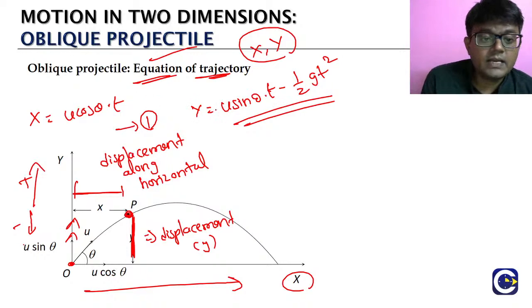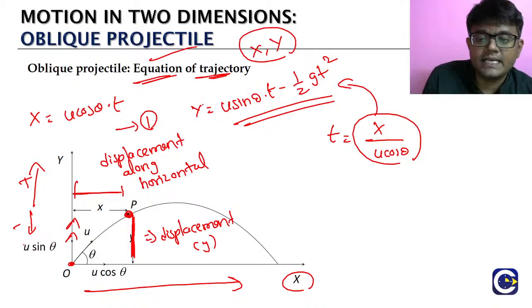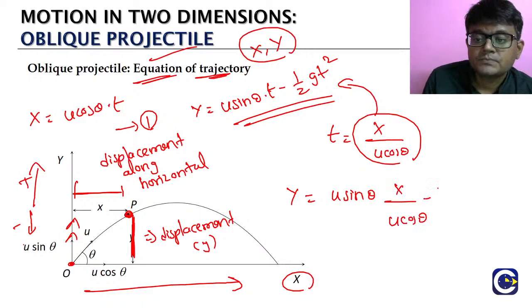From equation 1 we will get the time value. Time is x by u cos theta. Taking u cos theta to the other side, we get t is equal to x by u cos theta. Substitute this in the second equation. y is equal to u sin theta, and in place of t we substitute x by u cos theta, minus half g x by u cos theta the whole square.